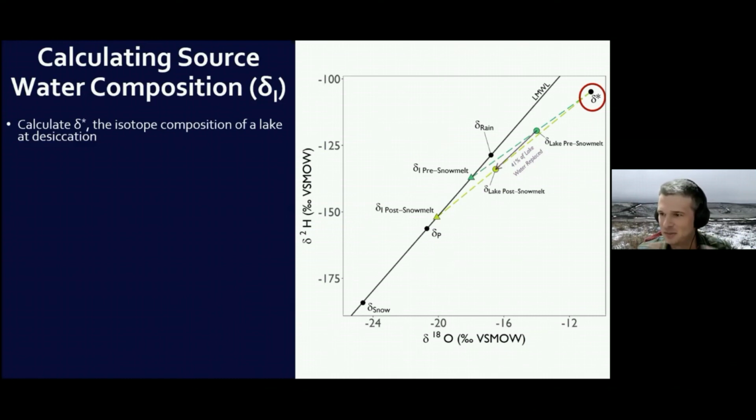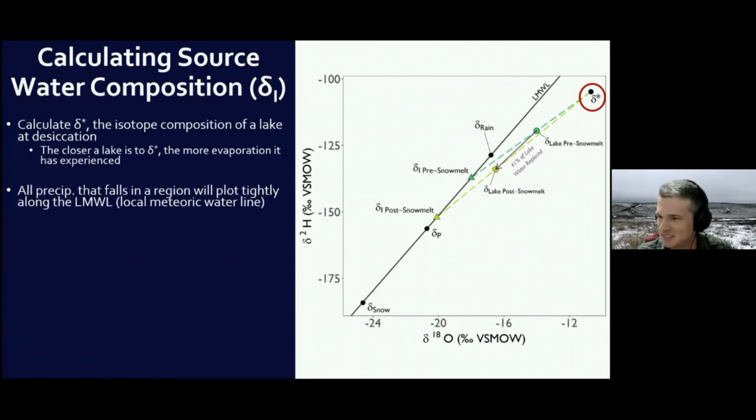For isotopes, this point is controlled by the relative humidity and the air temperature of the region when it's ice-free. We use an equation to calculate that, and we know that all lakes are going to trend towards this point as they evaporate. The closer a lake gets to this point, the more evaporated it is.